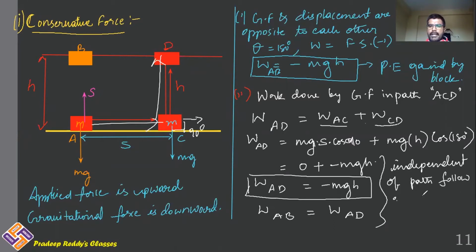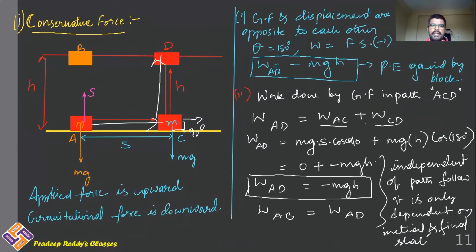It is only dependent on initial and final states. In the initial state the body is at position A, in the final state the body is at position D. Whatever the final state is at D, the same it is at B also.